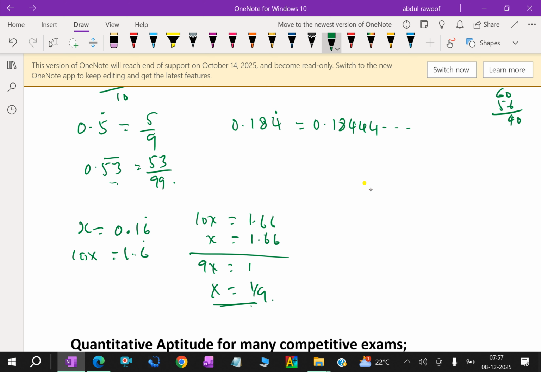Suppose this is our fraction for 0.16 recurring. We can check with 1 over 9: adding a point, that is adding 0, 10, 9 ones are 9, subtracting gives 1, add 0.